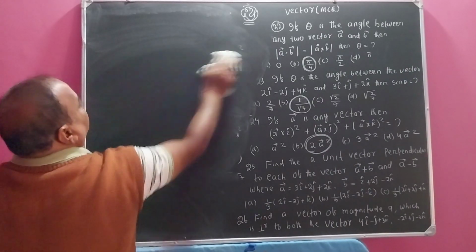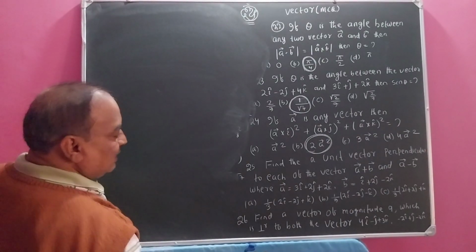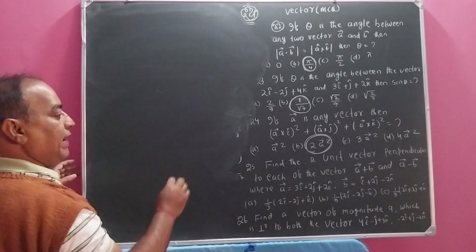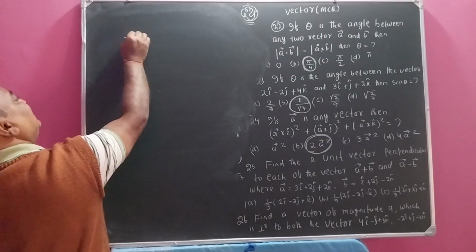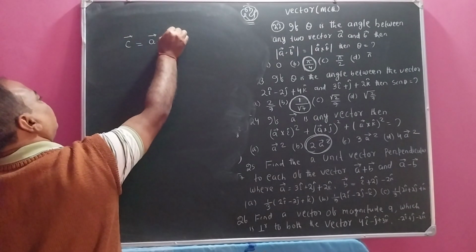Very important question. You have to see here. First of all, we have to find a plus b. Let it be c. C vector is equal to a vector plus b vector.